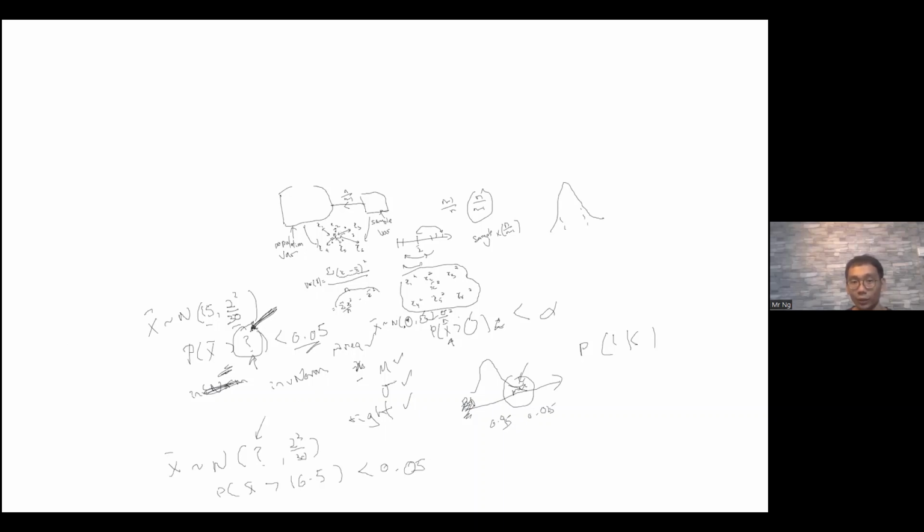We cannot use inverse norm anymore, because imagine in your calculator, you don't know what to key in for this, so you cannot do anything. That's why we need to learn standardization, which is x bar minus question mark over 2 over square root 30. How do I know this?